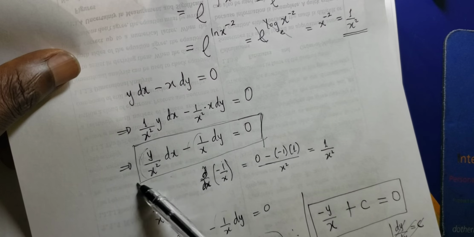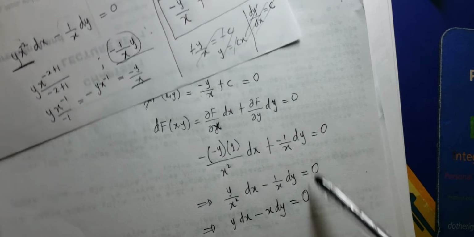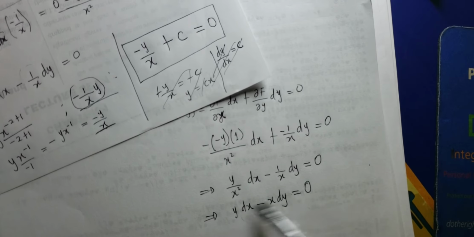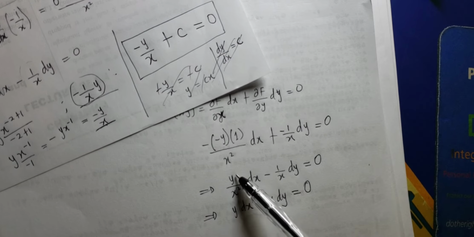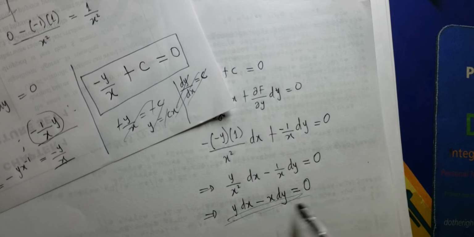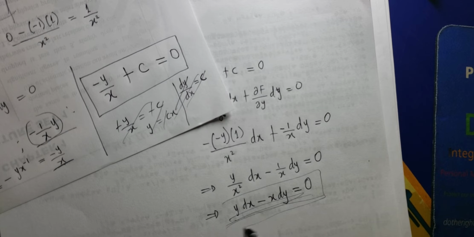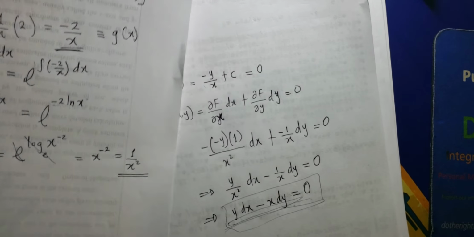It should give you the one that we made exact by multiplying through by the integrating factor, and you can get the original equation just by clearing off the integrating factor. In this case, our integrating factor was 1 over x squared. So if you multiply through by x squared to clear off the integrating factor, it should give you back the original equation. Our original equation was y dx minus x dy equal to 0, which is what we started off with. So life can be as easy as that.